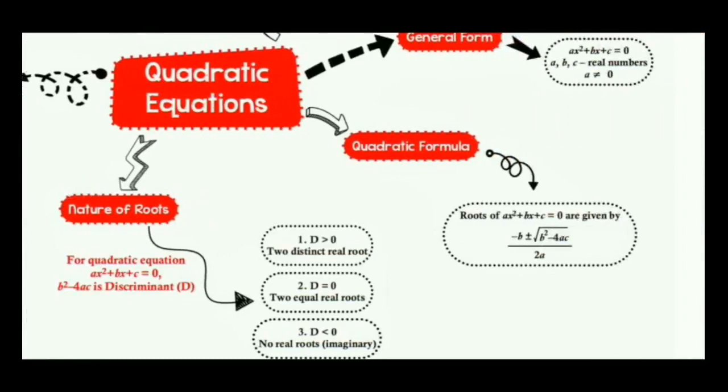In this formula, there is a relation between the coefficients of the quadratic equation, and the formula is x equals minus b plus minus under root b square minus 4ac upon 2a, where a, b and c are the coefficients and the constant of the given quadratic equation.